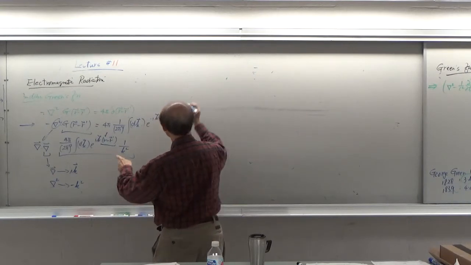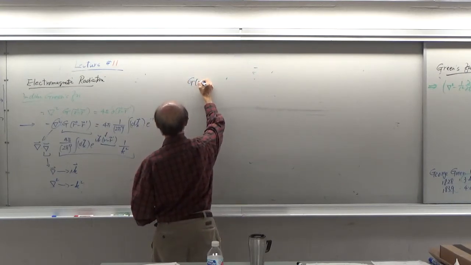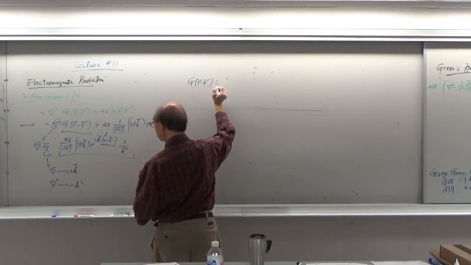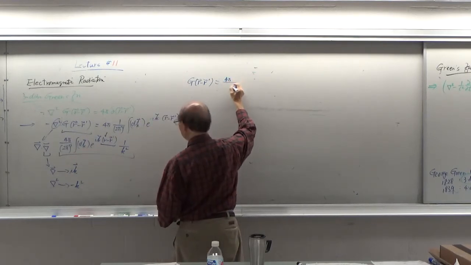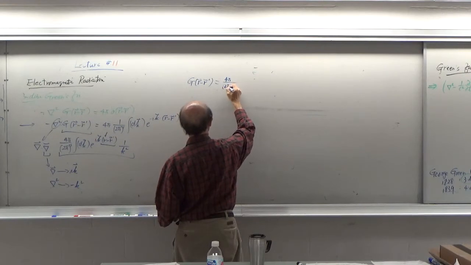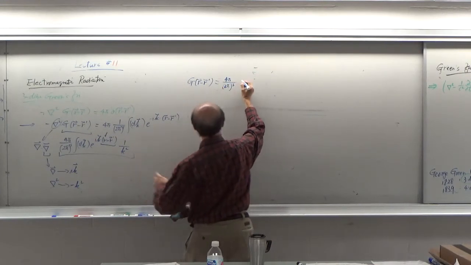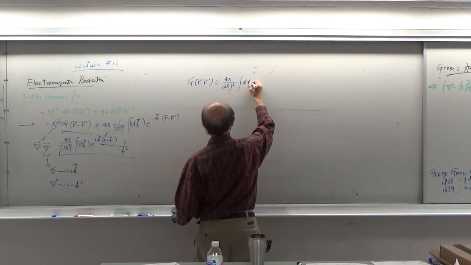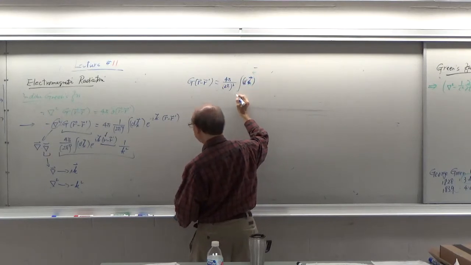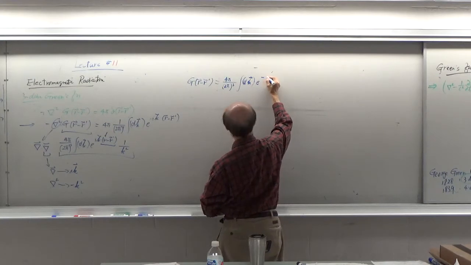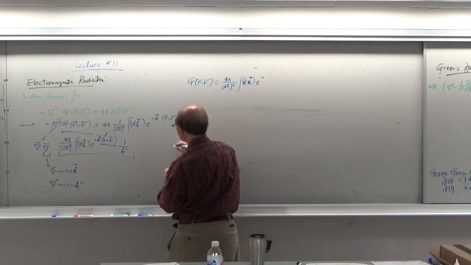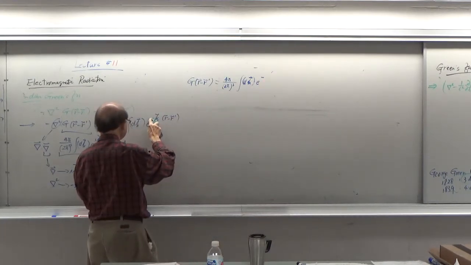The Green's function is equal to 4 pi over (2 pi) cubed, integration d^3k of e to the minus, plus, I'm sorry, I think I want to use plus.